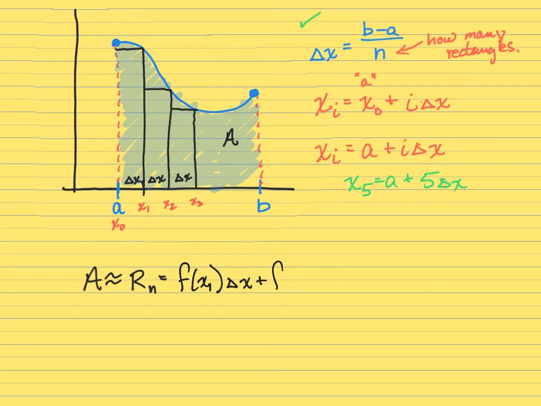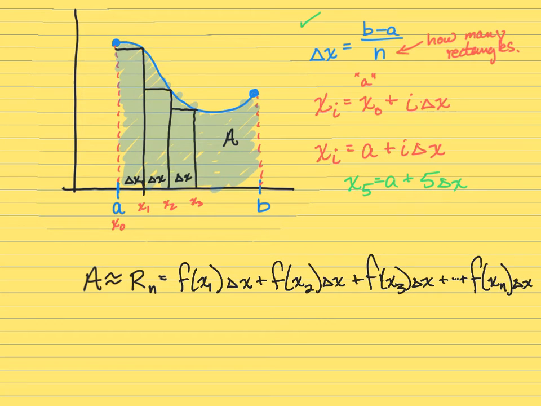Plus the area of the second rectangle, f of x sub 2 times delta x, plus the area of the third rectangle, f of x sub 3 times delta x. And we keep adding up the areas of these rectangles until we get to the nth, or the last rectangle, f of x sub n times delta x.